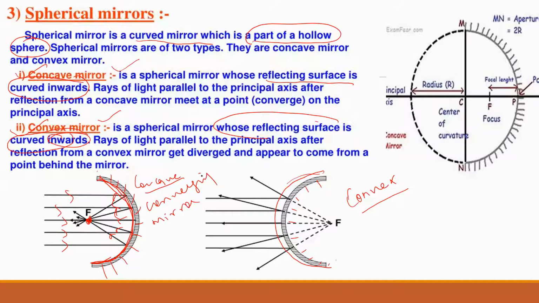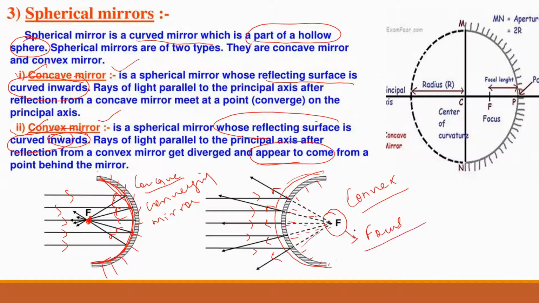And in convex, what happens? When a ray of light falls on the mirror, after reflection, they diverge. They go away. And when you extend them backward by drawing dotted lines, they appear to be coming from a point which is called focus.